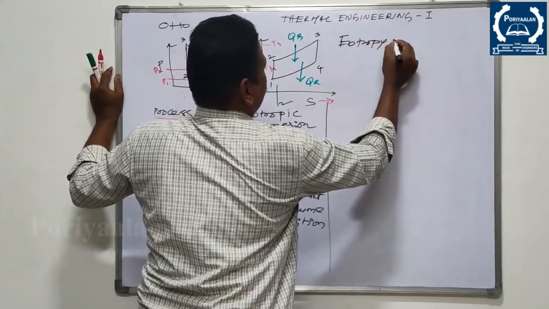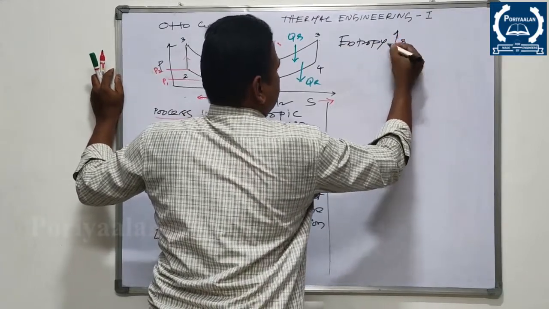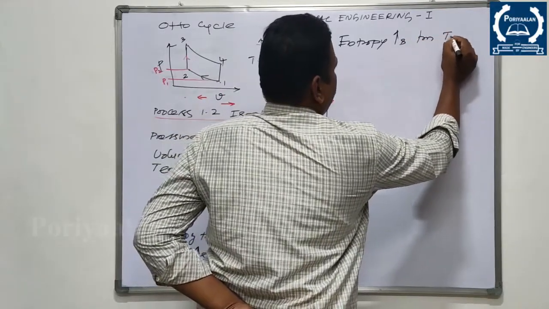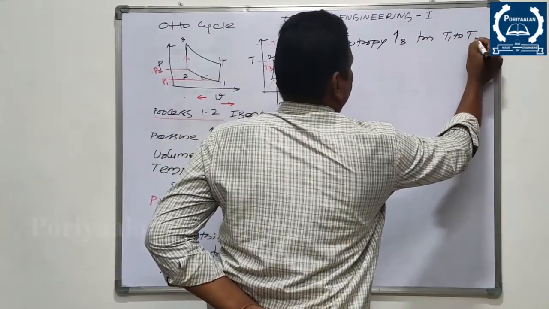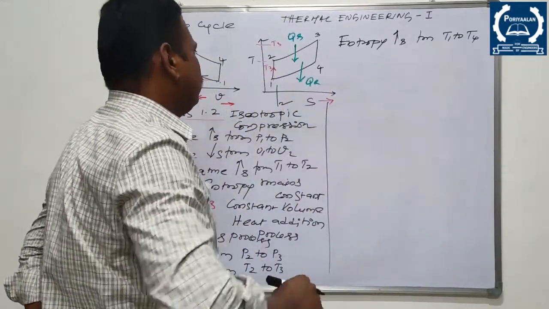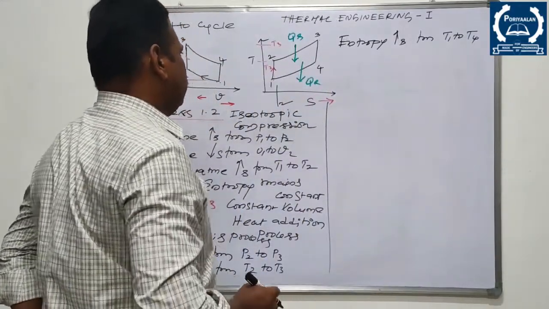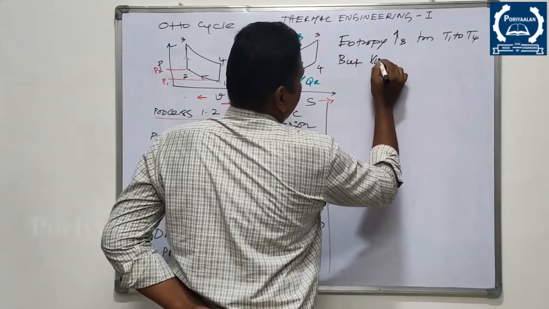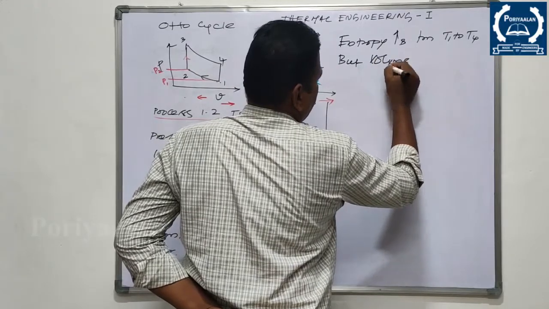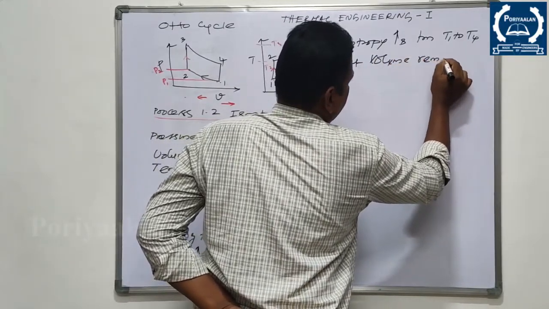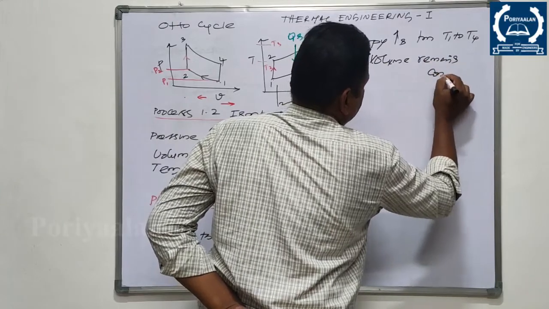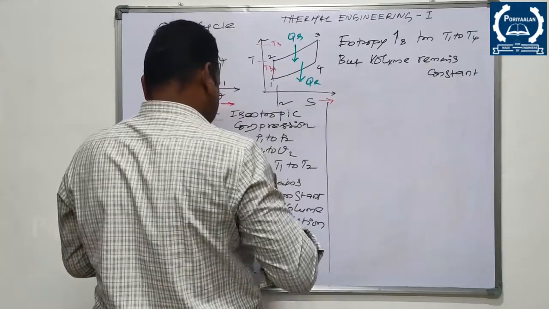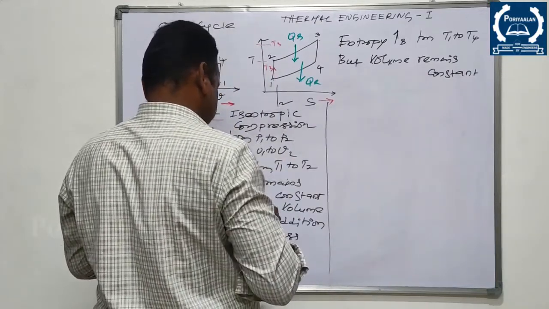Entropy also increases from S2 to S3, right? But volume remains constant, right? So we have to find out the heat supplied during this process, right?